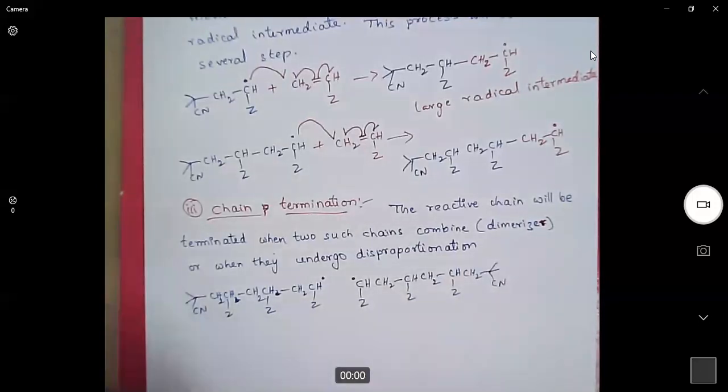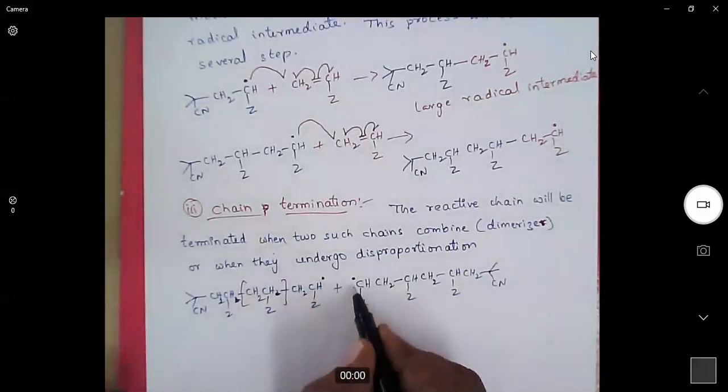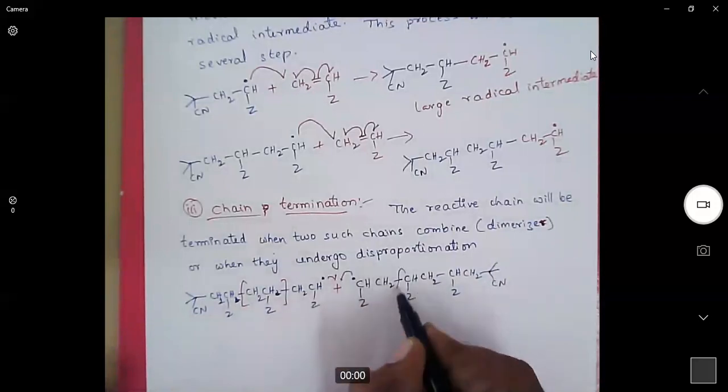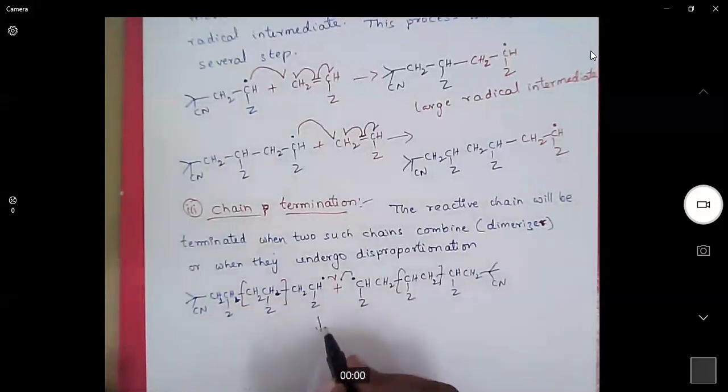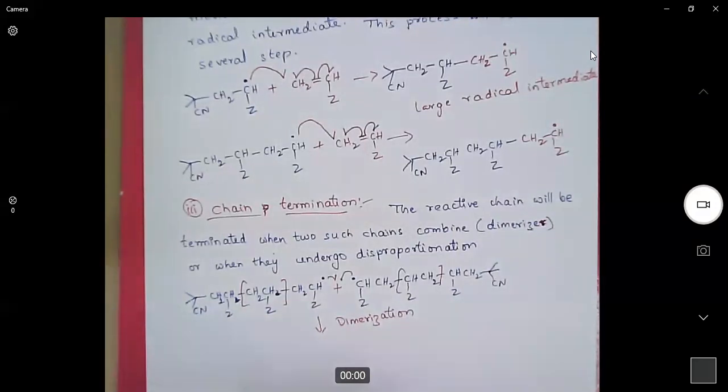Then if these two undergo dimerization, because this is a radical and this is also a radical, both will form a bond by combining. This is what is called dimerization. Dimer means two molecules, a combination of two molecules.